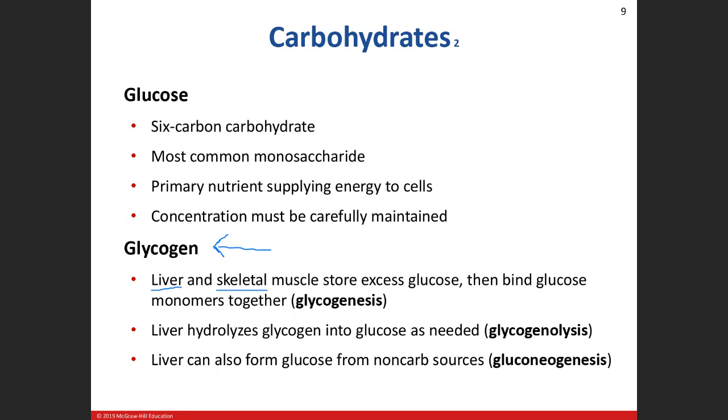So when you're in what we call the fed state, and you have an abundance of energy from the food that you just ate and absorbed, the leftover excess glucose will be stored as glycogen in the liver and in the skeletal muscle to be used at a later time.